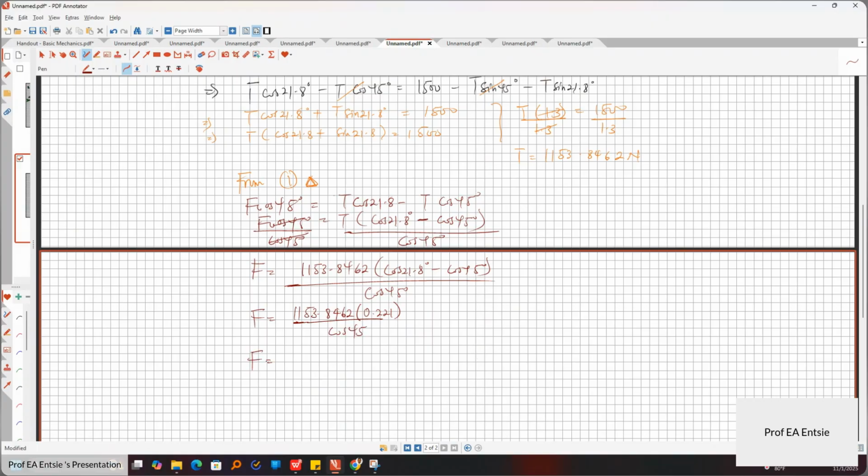So 0.221 multiplied by 1153.8462, what do we get? We get 255 divided by cos 45.